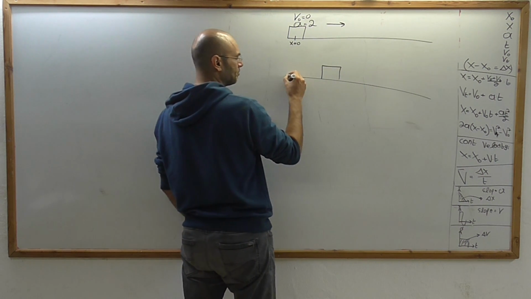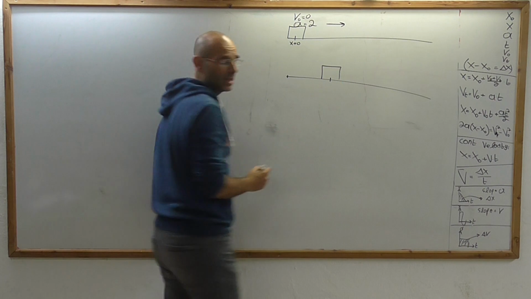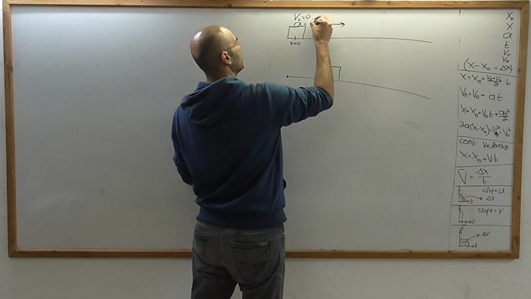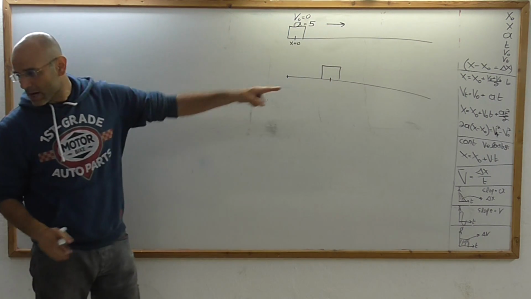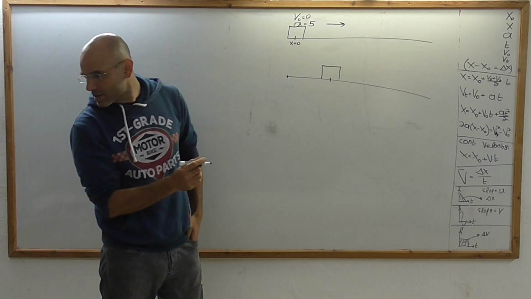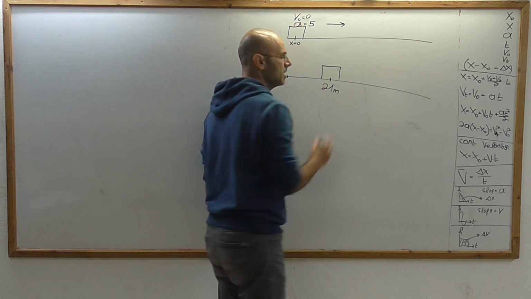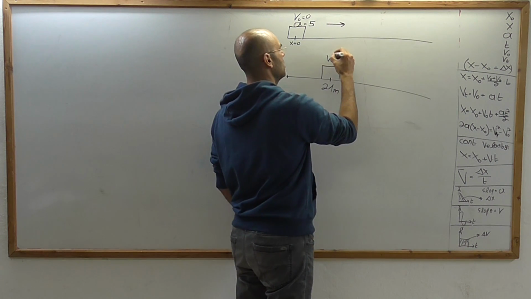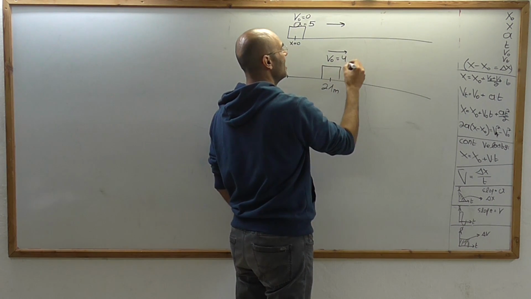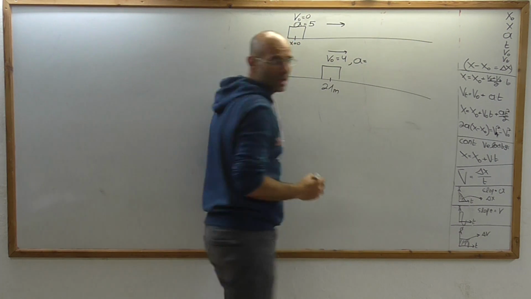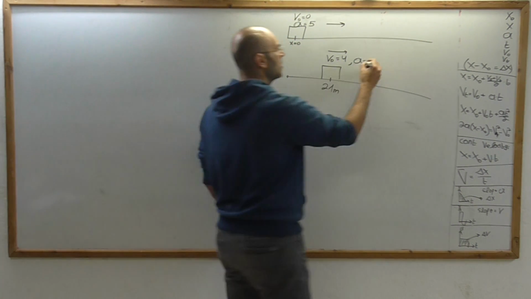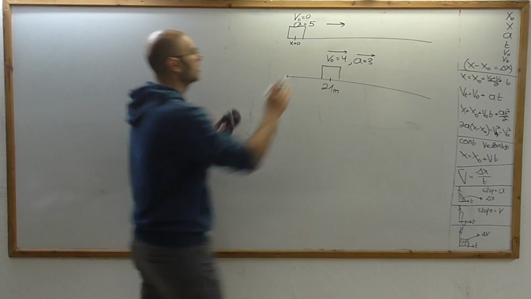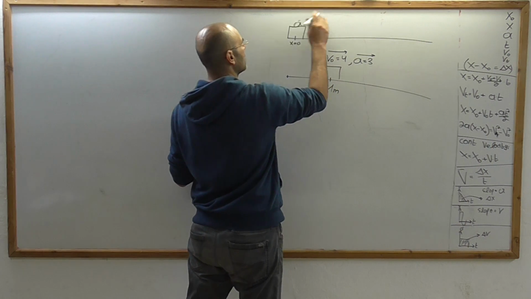Another vehicle starts here at a distance of 21 meters with initial velocity 4 in this direction, and it also accelerates with the acceleration of 3 in this direction. This is the problem.